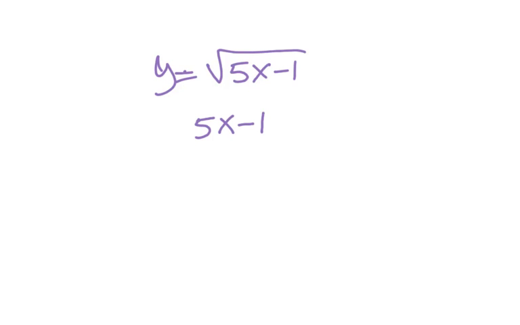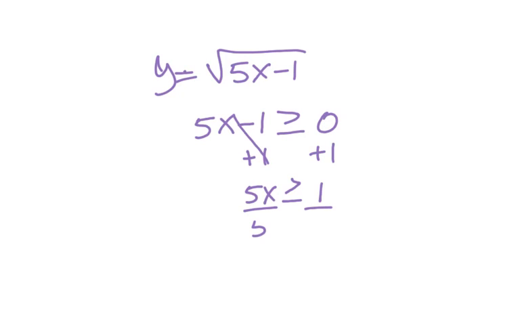How about if I say y equals radical 5x minus 1? Well, all I have to do is say 5x minus 1 has to be greater than or equal to 0. All right, to solve this, I add 1 on both sides. 5x has to be greater than or equal to 1.